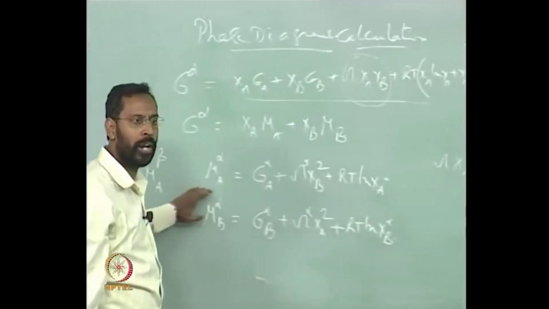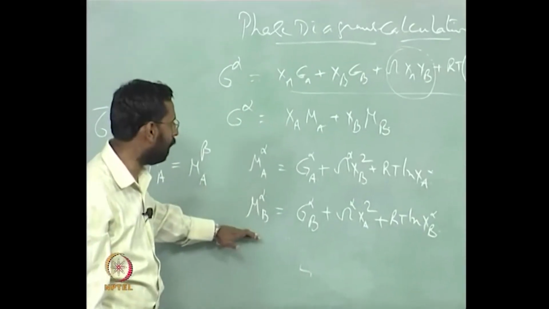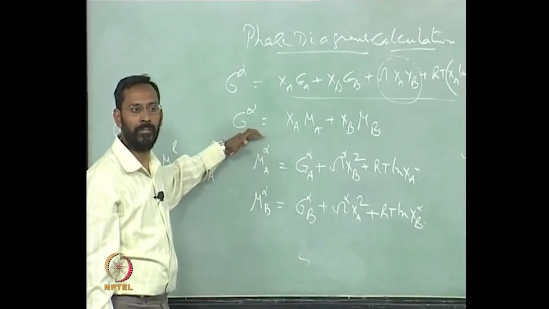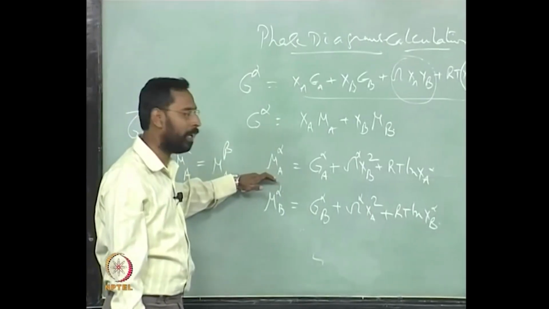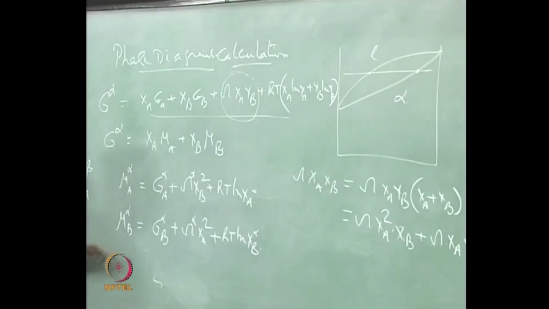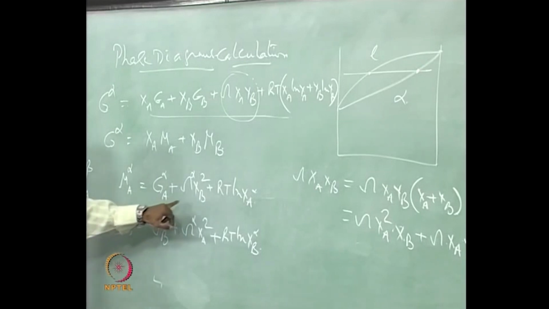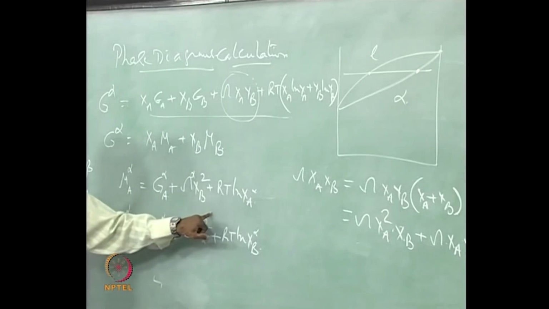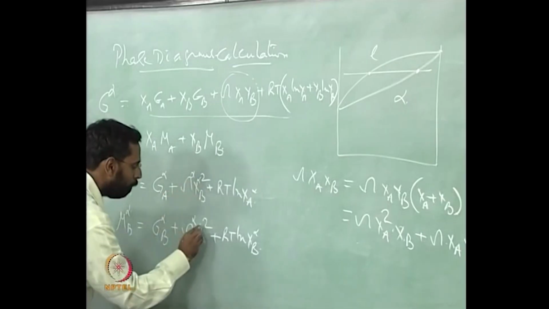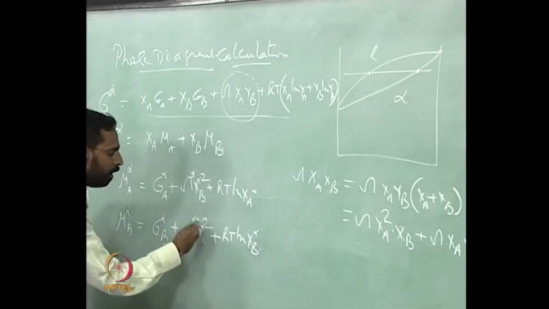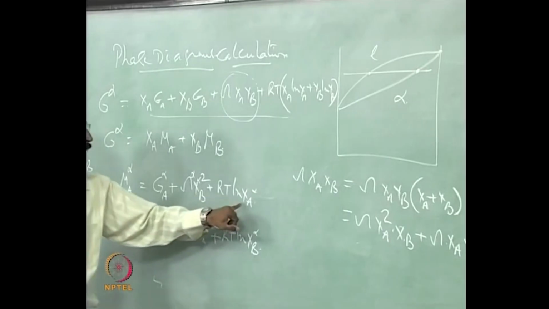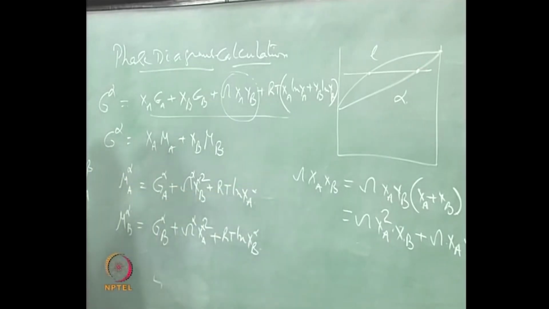Similarly, I can also write mu A and mu B for the liquid. For the liquid, here you will see it will be GA liquid plus omega liquid into XB square of liquid, and similarly RT ln XA liquid will come.